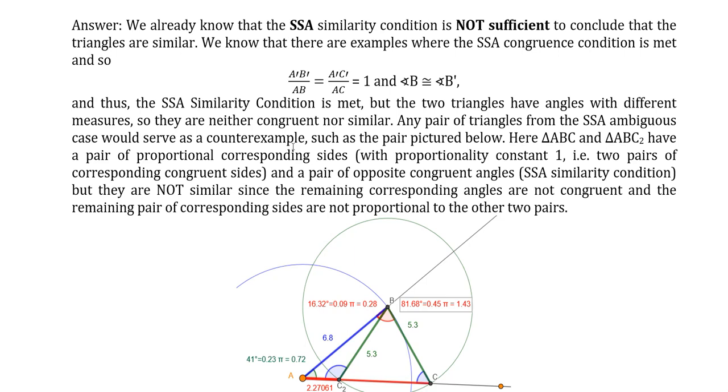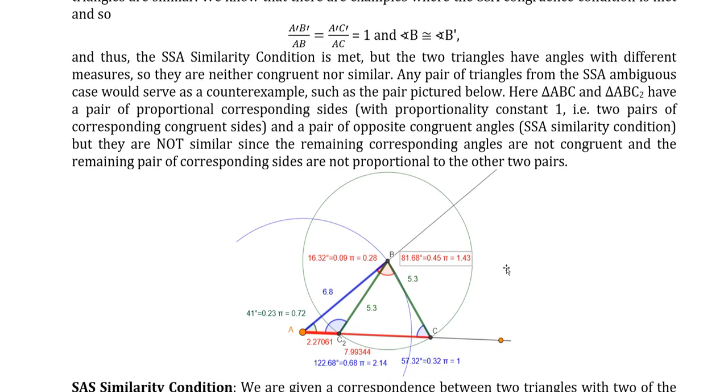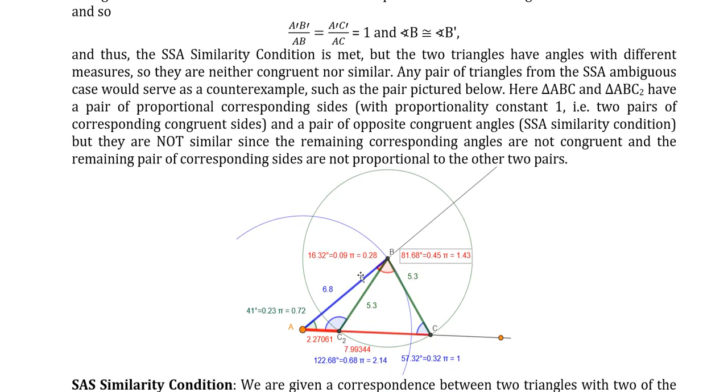But the two triangles could be non-congruent. We have examples of that, what we call the ambiguous case. So any pair of triangles from the SSA ambiguous case that we studied earlier would serve as a counterexample, such as this pair here. Triangle ABC and ABC2 have a common angle here.